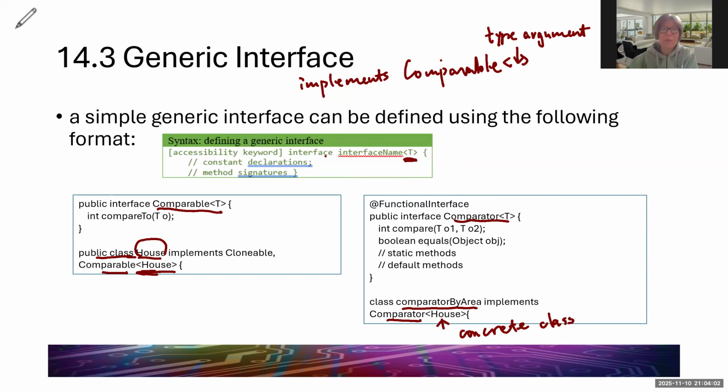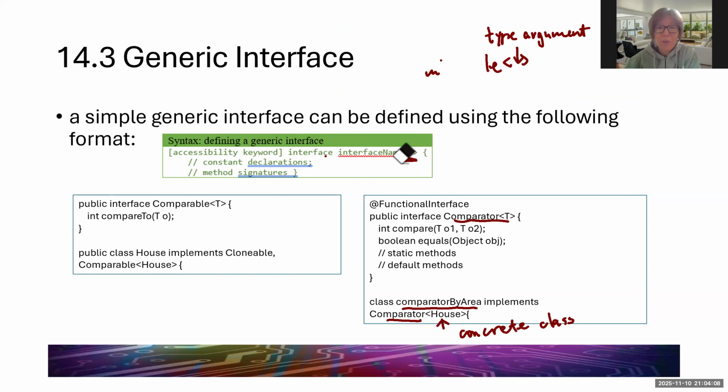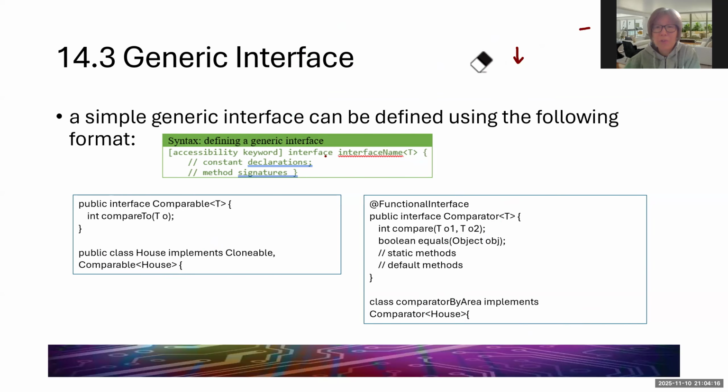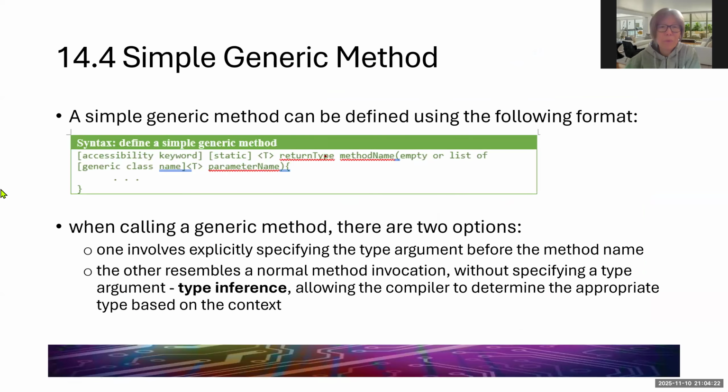So that's the interface. Similar concept to the generic class. Okay, this is about generic interface. We also learned the Comparable and Comparator interfaces. So we learned the generic class and generic interface.